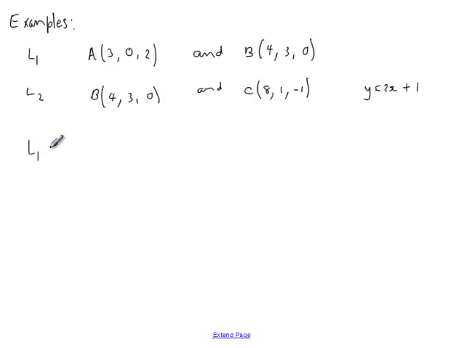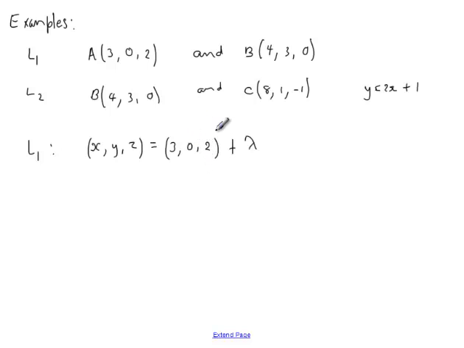So we just say L1. The parametric equation will be: you take the coordinates of a point, any point on that line x, y, z in 3 dimensions is going to be equal to, let me say, 3, 0, 2 plus a parameter lambda or whatever.